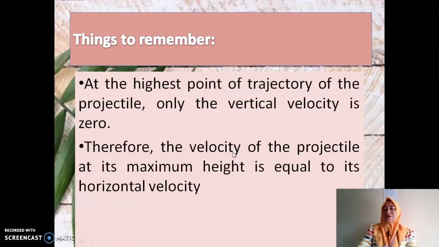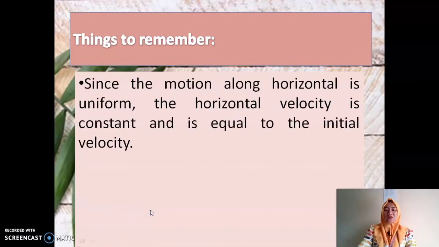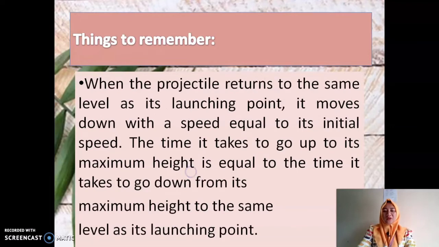At the highest point of the trajectory of the projectile, only the vertical velocity is equal to 0, but our horizontal velocity has a value. Therefore, the velocity of the projectile at its maximum height is equal to its horizontal velocity. Since the motion along the horizontal is uniform, the horizontal velocity is constant and is equal to the initial velocity.